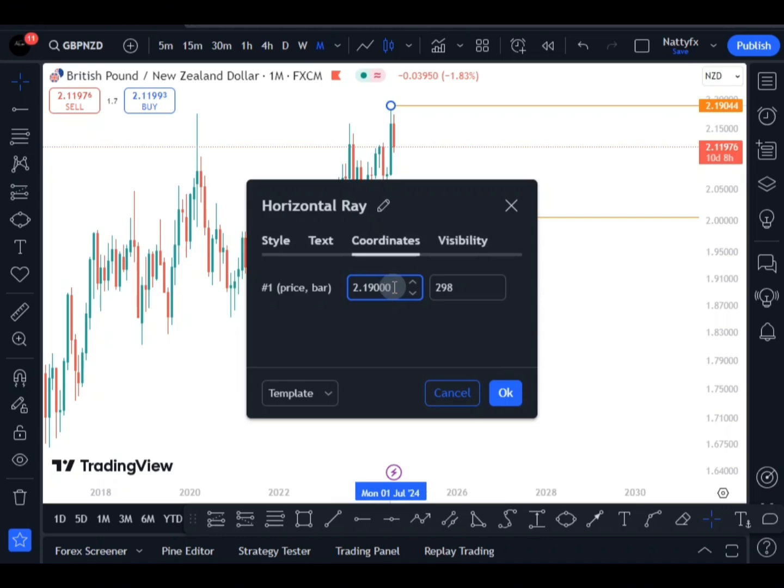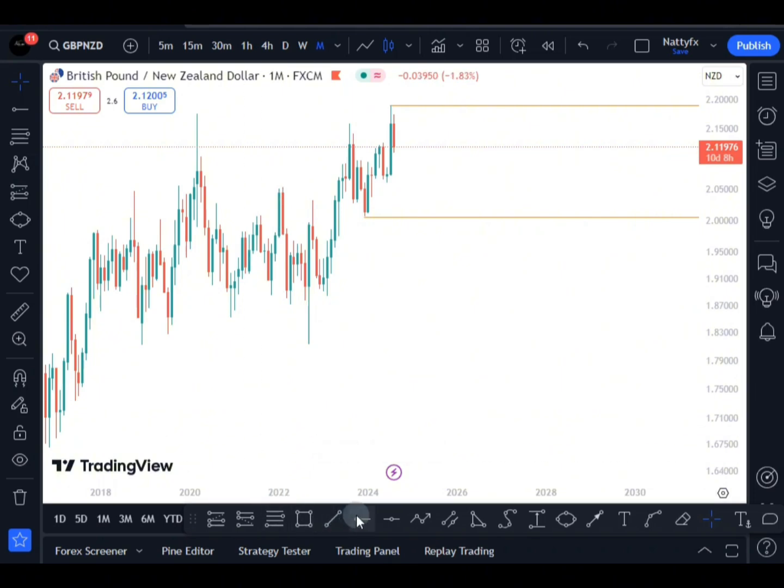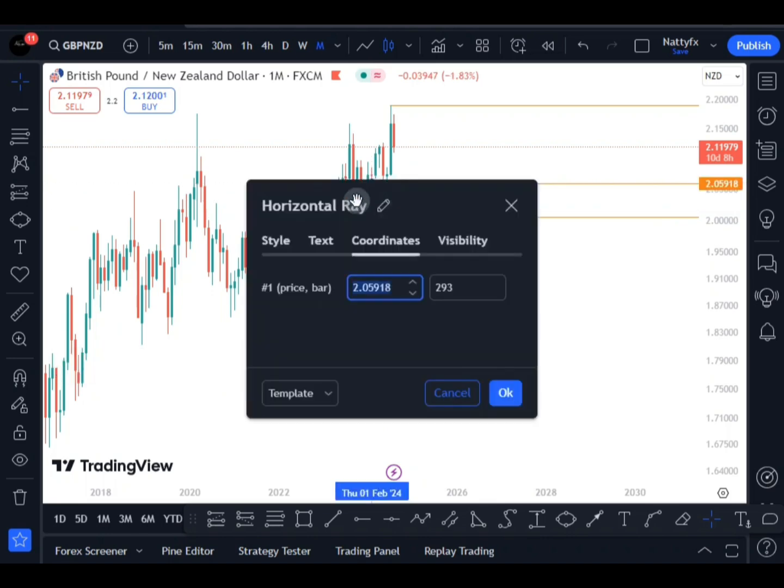Okay, so there is another one here below this point. Click. All right, so this is 2.05918. So let's put 2.06000.